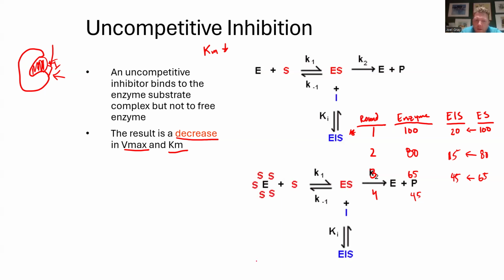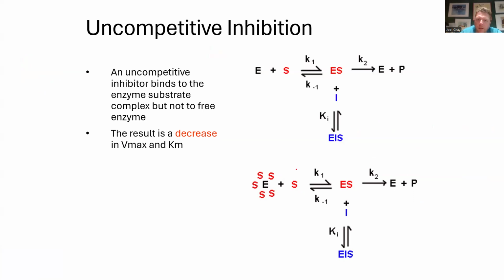Now, one thing that is illustrated in this next portion is right here, from here to here. What happened? Well, you increase the substrate concentration. That does nothing to this reaction. You can add more substrate, but the formation of this ES is not the problem.